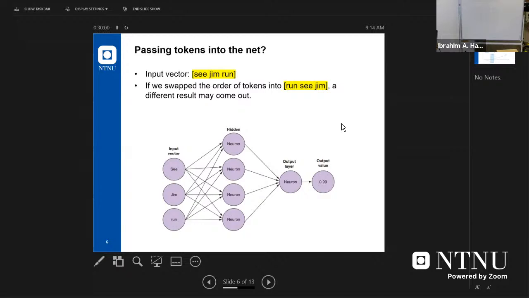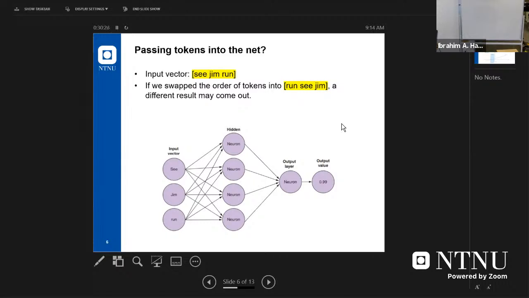The summation here will be different if we change it, so that now 0.7 is multiplied by 1 and 0.9 by this number here. So when you change the order, the meaning will be different, and the conclusion, or the probability, will also be different. So the order is very, very important in text.